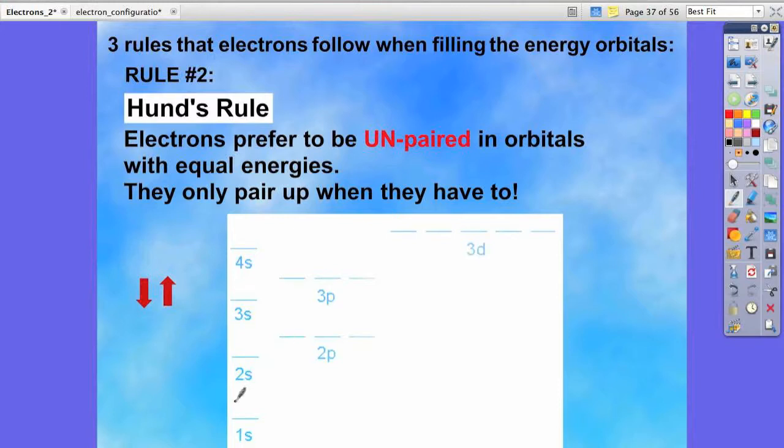So here we're going to start placing them according to the first rule in the lowest energy. But according to Hund's rule, we're going to place them with different spins. So one is going to be facing upwards, the one downwards like this.